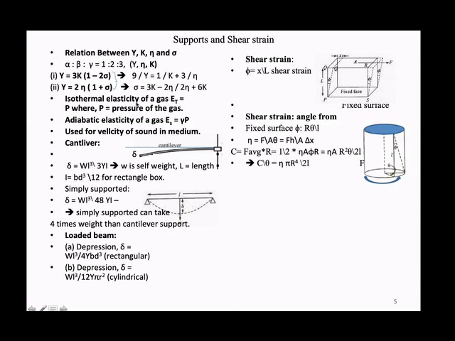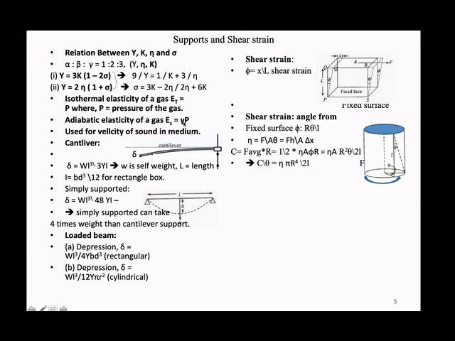The isothermal elasticity of a gas is stress per unit strain. Stress is nothing but pressure, force by area. Isothermal means temperature is constant. So P is the isothermal elasticity. Adiabatic elasticity is gamma P, because the compression is not isothermal; it is adiabatic since we don't allow the heat to go outside.